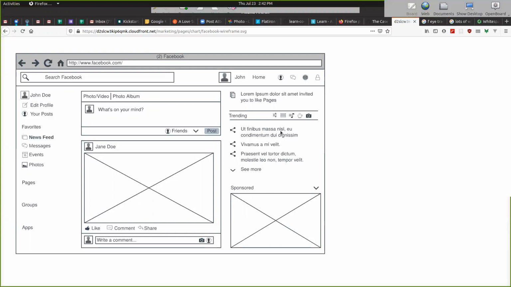Some of these trending links, not so important. Definitely this stuff up here, less weight. And that doesn't mean that you don't want anyone to do it. If I'm looking for my account settings, it would be bizarre as hell if that was dead center. That's not where I'm looking for it. I'm looking for it somewhere a little bit less used.